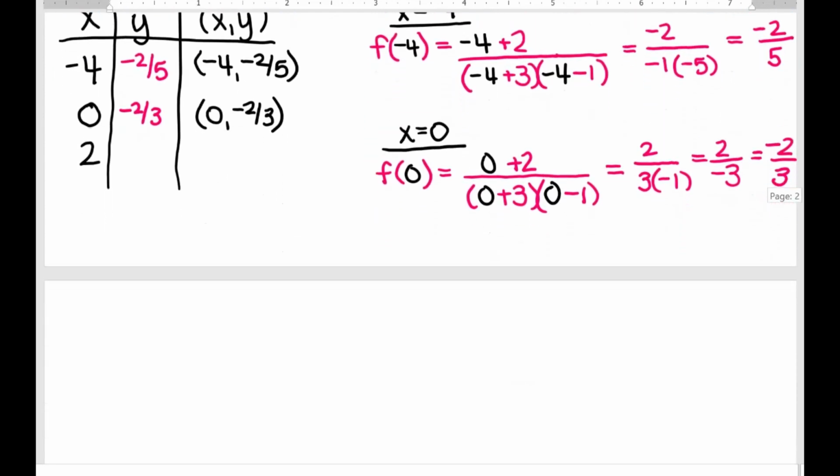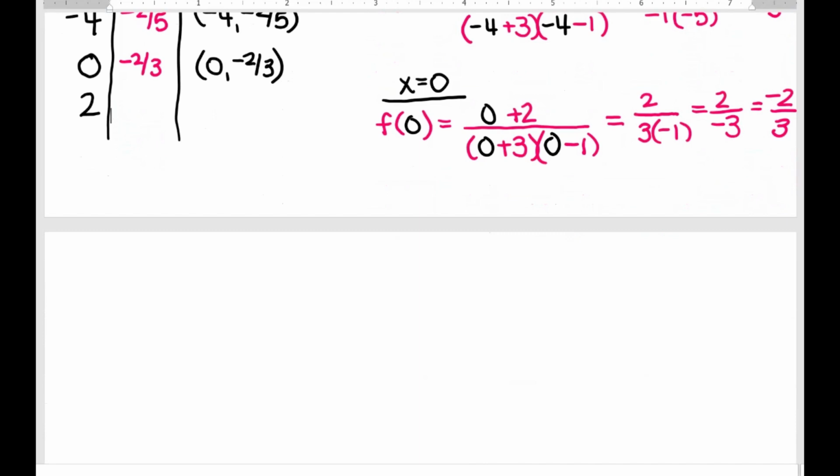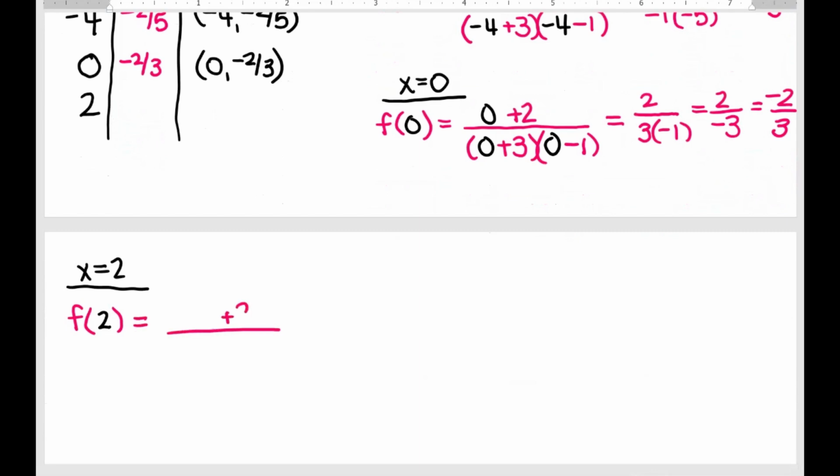Let's find our last one. We have x equal to 2. So again, we're going to plug in 2 wherever we see an x in our equation. So up top, we're going to have 2 plus 2 all over 2 plus 3 times 2 minus 1.